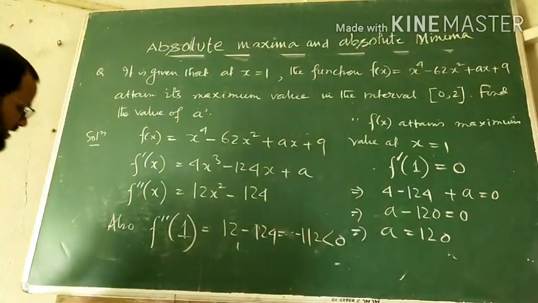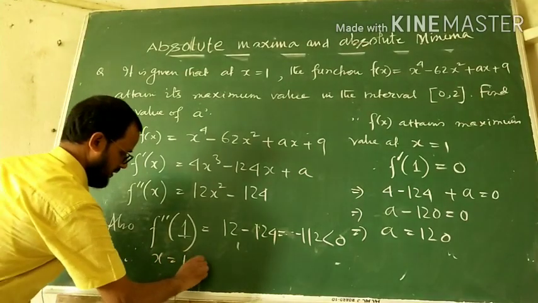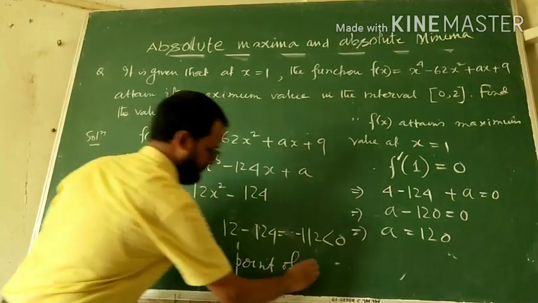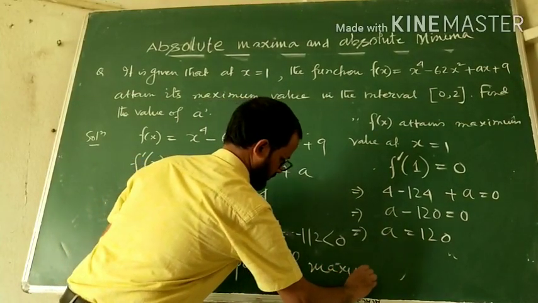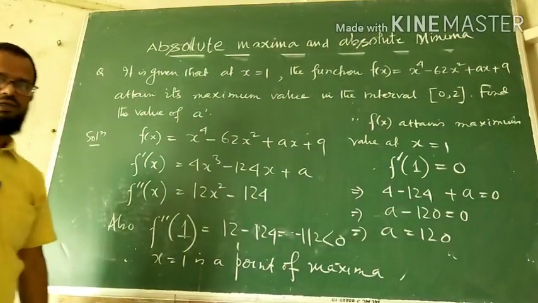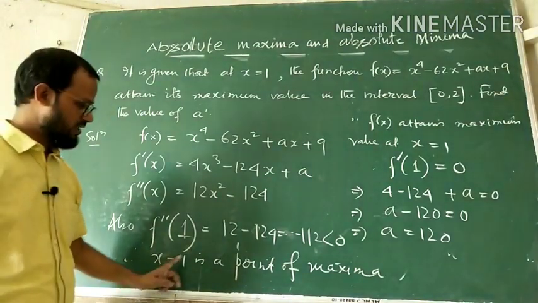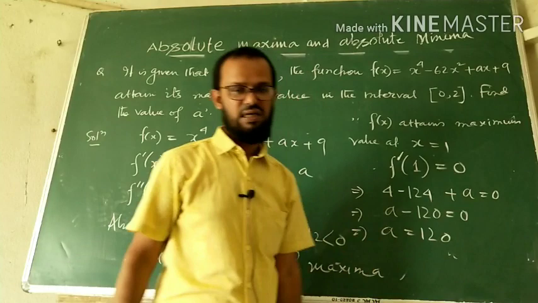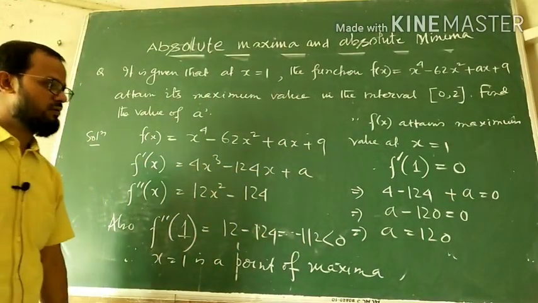Therefore x equal to 1 is a point of maxima, and at the point x equal to 1, f dash 1 equal to 0, and finally the value of a is equal to 120.